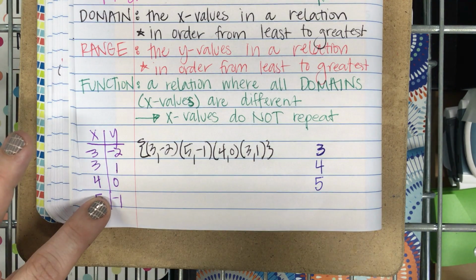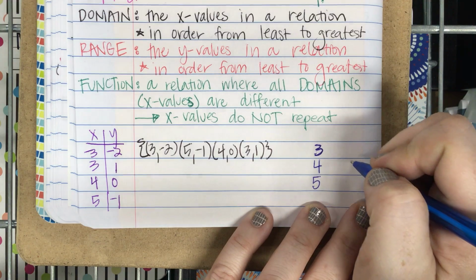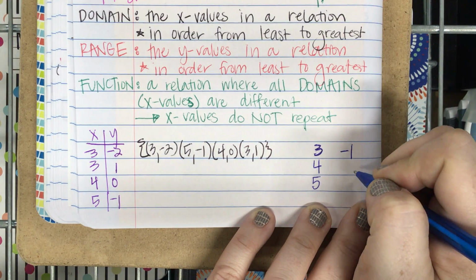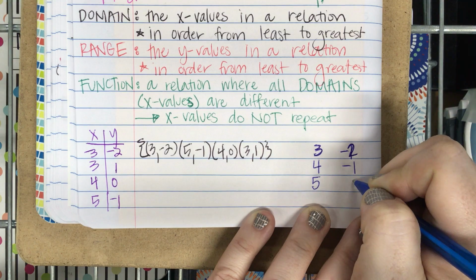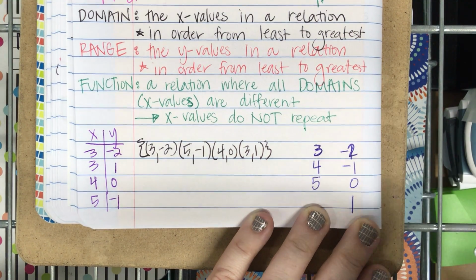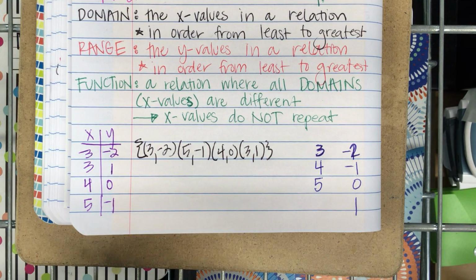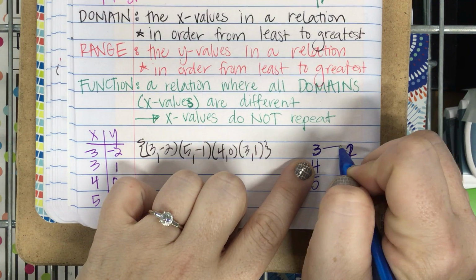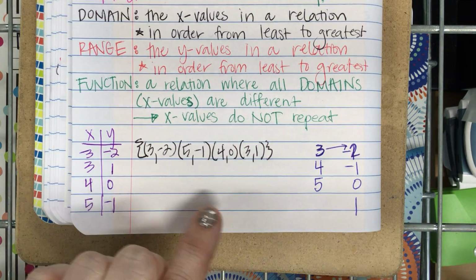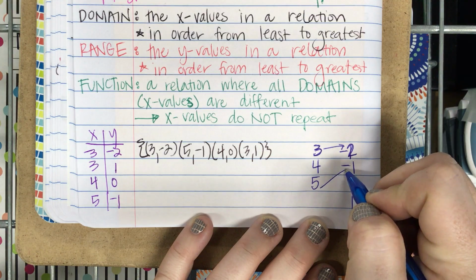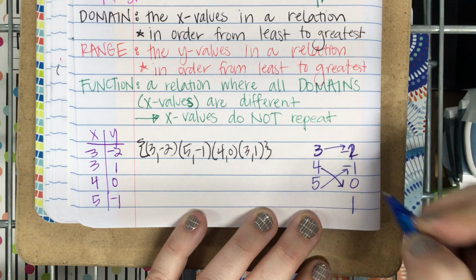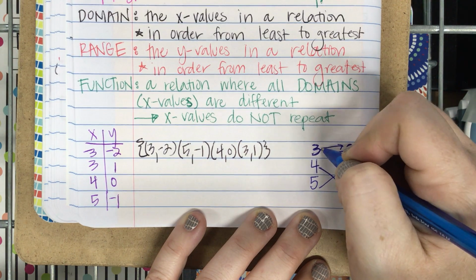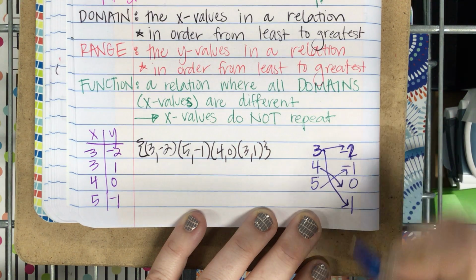And then my y values also go in order. Oops, -2, -1, 0, and 1. Yes? And then I draw arrows. Those go together. And that goes with that. And this goes with this. And this goes with this.